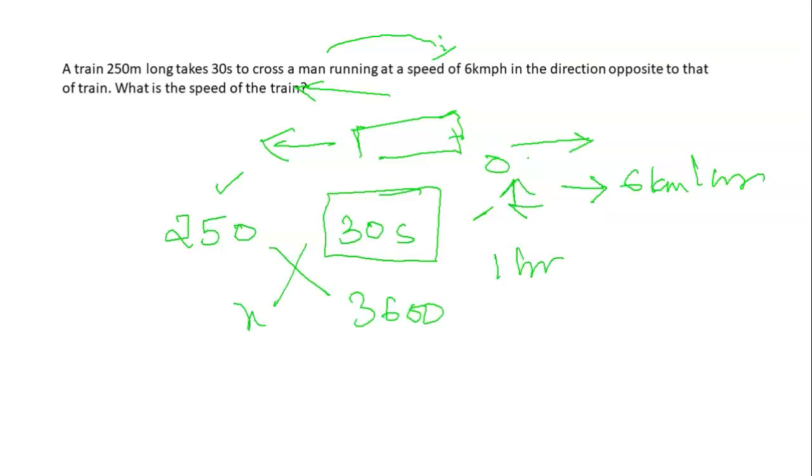Relative speed means the speed of the train and the speed of the person together, because both are acting at the same time. 30 seconds to 250, then for 3600 how much? Speed is going to be 30 kilometers per hour. When you cross multiply, you will get the answer.